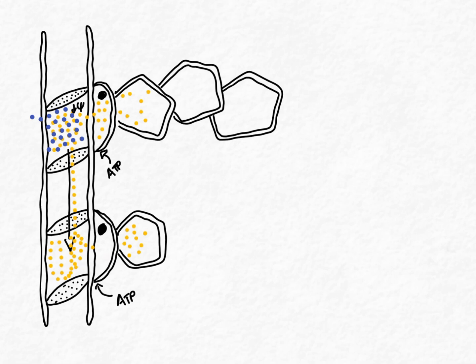Now, this is where we get to learn two more terminologies. The cells that create the sucrose and then transport it towards the phloem are called the source. And the cells that receive the sucrose, that either use the sucrose or change it into other molecules, or maybe store the sucrose, are called the sink.